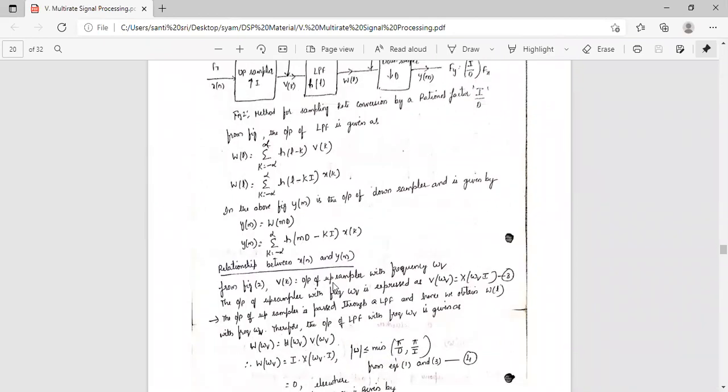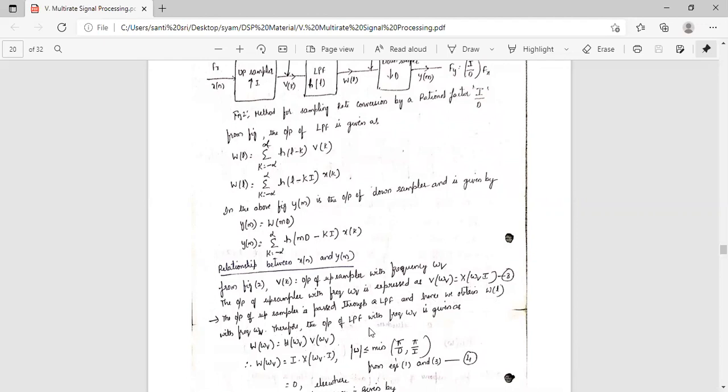Now the relationship between x(k) and y(m) comes from figure 2. v(k) is the output of the upsampler with frequency omega v, and it is expressed as V(omega v) equal to X(omega v into I). The output of the upsampler is passed through a low-pass filter, and hence we obtain w(l) with frequency omega v.